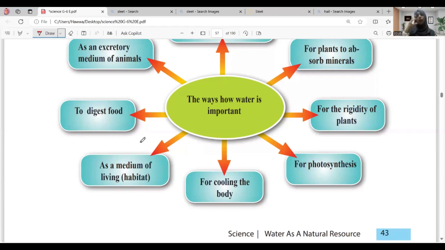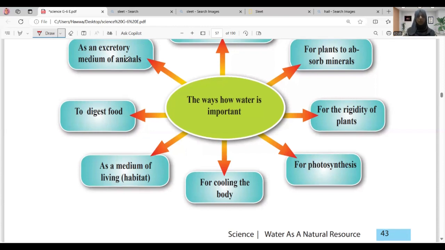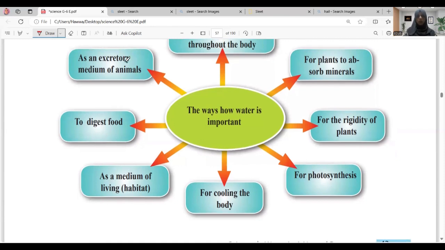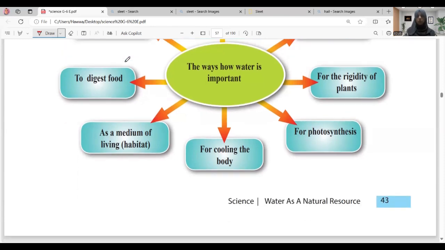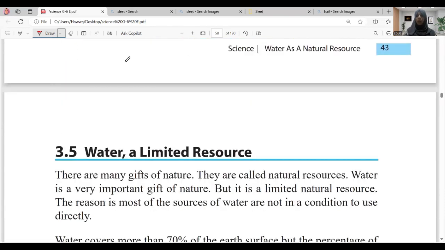Even if you can't remember these things, you can use your own words and write in the exam. And then as an excretory medium of animals, right? So obviously, excretory medium, you would understand how your digestive system ends up. Let's take sweat. Your sweat has liquid, your sweat has water.